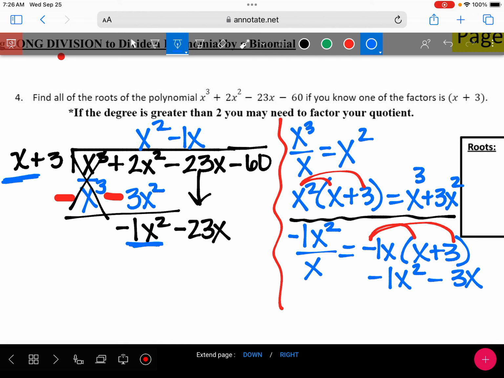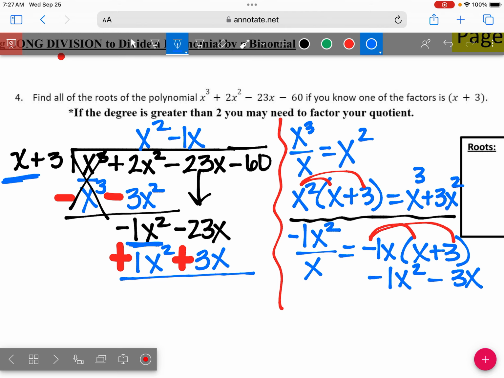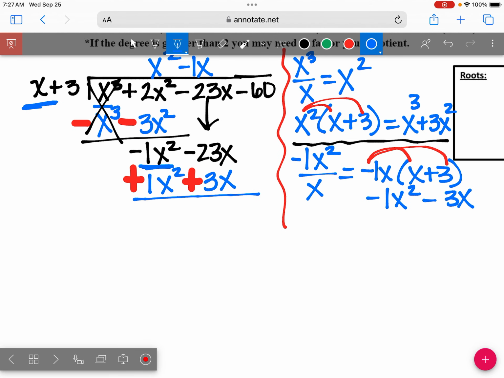Now we're going to slide that over. Negative 1x squared minus 3x. But now we have to do a change. So this becomes a positive. And if that's negative, that flips to a positive. So now this cancels.